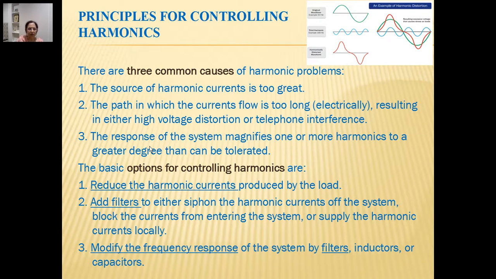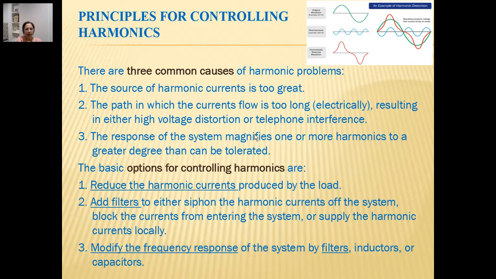We have already understood what the harmonics are and what are the different effects of these harmonics on the equipment which is connected in the system. Now there are 3 common causes of the harmonic problems: since the non-linear loads are large in number, the source of harmonic currents is too great; the path in which the currents flow is too long electrically, and it results in either high voltage distortion or telephone interference.